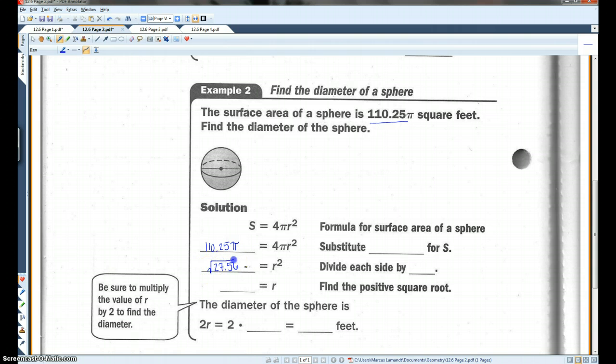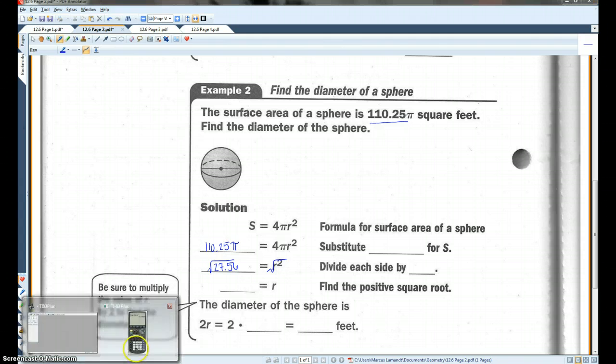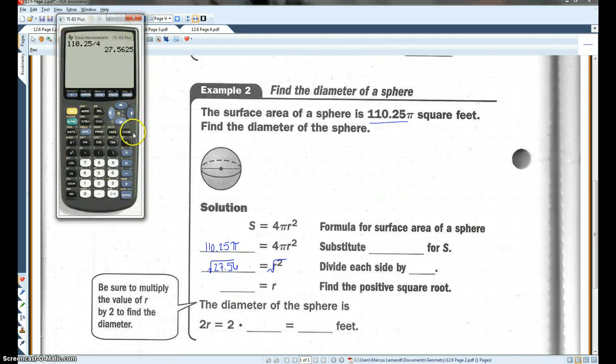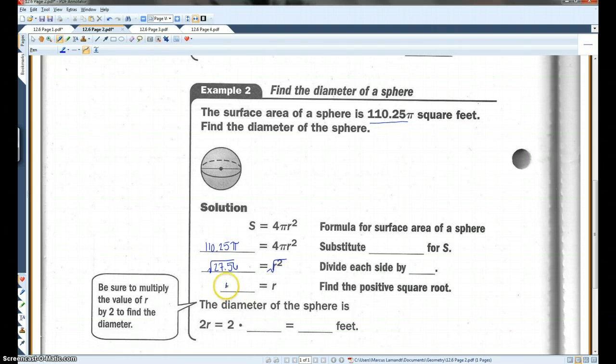Then I can take the square root of both sides. The square root of 27.56 is approximately 5.25.